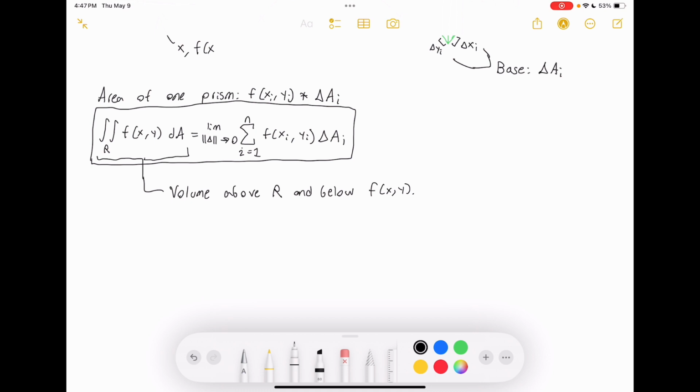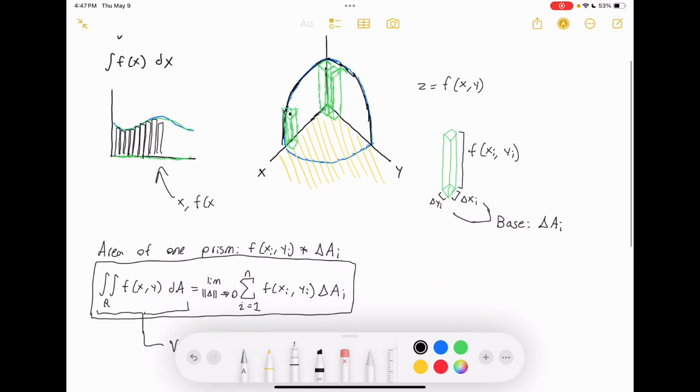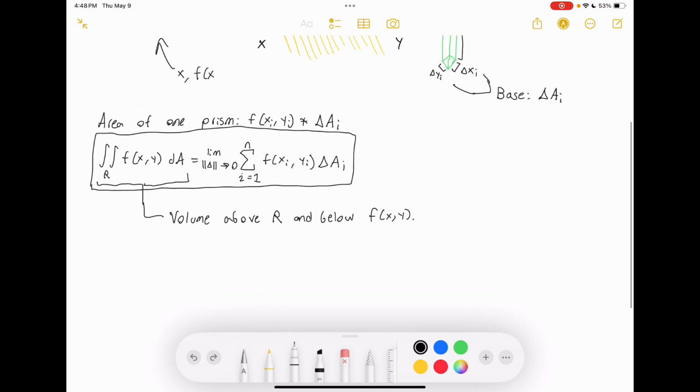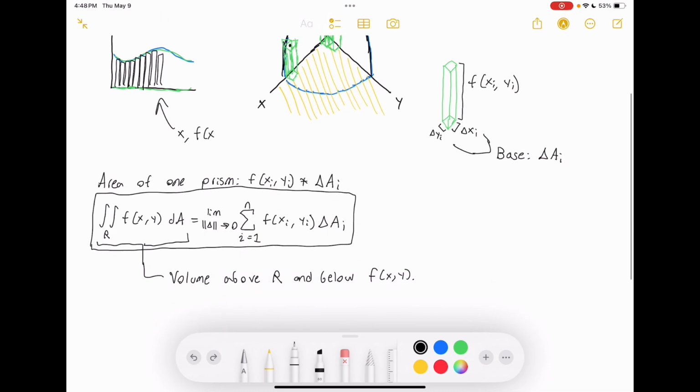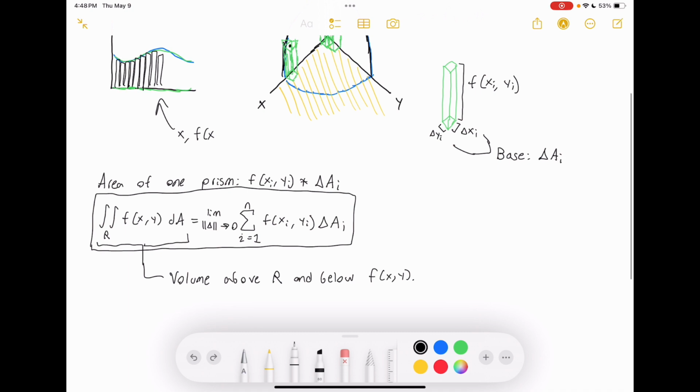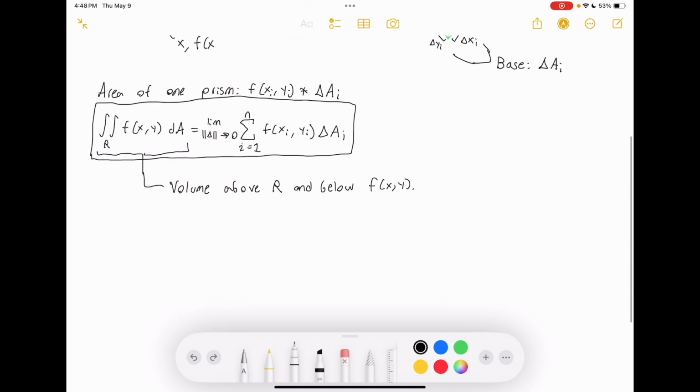Going back up to here, our R was this yellow outlined plane at the bottom, and f of x, y was that shape. So it's the volume underneath your function f of x, y and above your domain, your plane region.